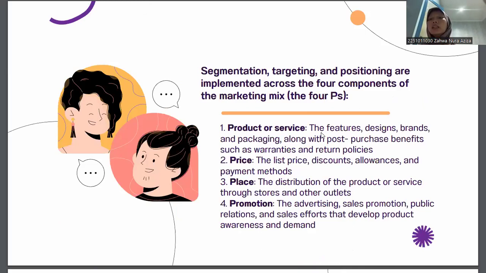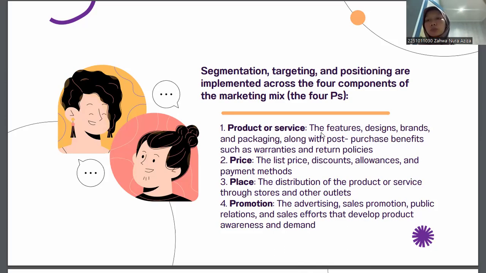So the next slide is discussing how segmentation, targeting, and positioning are implemented across the 4 components of the marketing mix, the 4 Ps. The first is product or service: the features, design, brand, and packaging along with post-purchase benefits such as warranties and return policy.